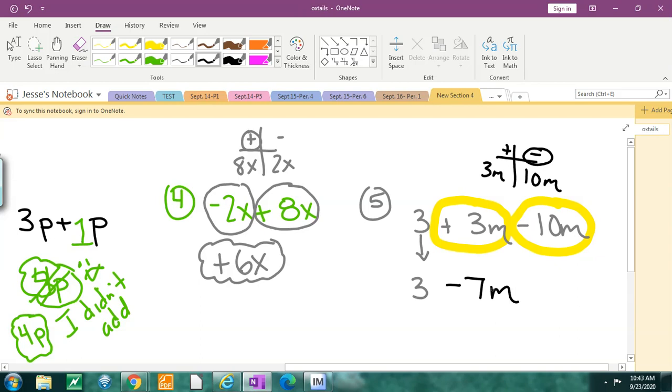Now, usually the constant, the number by itself without a variable, is at the end. So for the most part, it's written like this: negative 7m plus 3. So it's the same thing. So far, so good? All right, good.